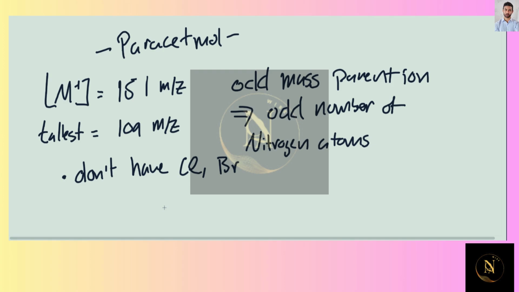So for chlorine, you have the two peaks in a 3-to-1 ratio, and for bromine, you have the two equal height peaks, where this is M plus and where this is M plus, right? And since we don't see that, we know we don't have chlorine or bromine. That's another observation you can make.